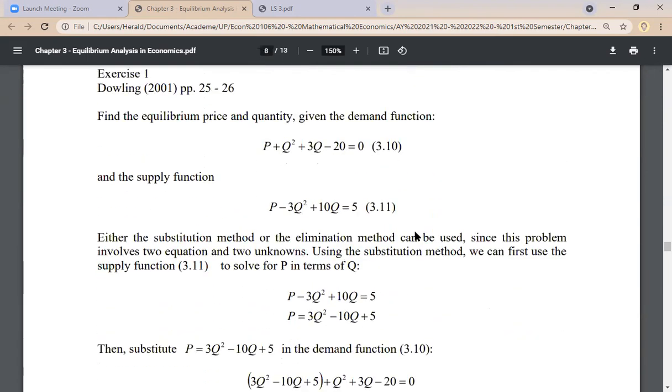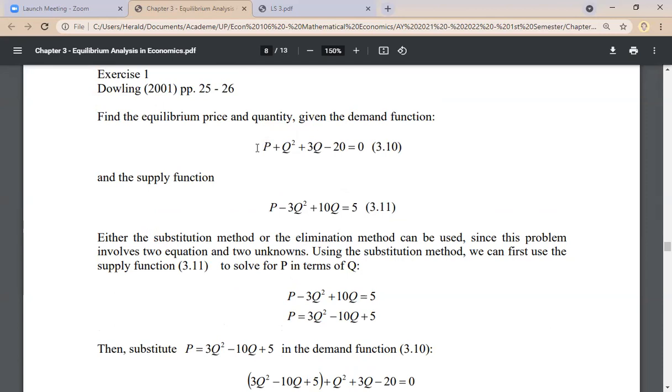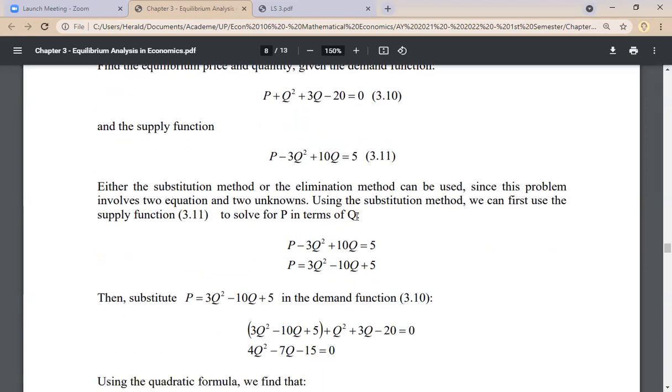So here's another example, class. Again, still in the equilibrium price and quantity. We're still dealing with a quadratic equation for price and quantity in these functions. So again, we have a demand function here. We also have a supply function. We can reduce this using the elimination method, or perhaps the substitution method, or perhaps just algebraic methods.